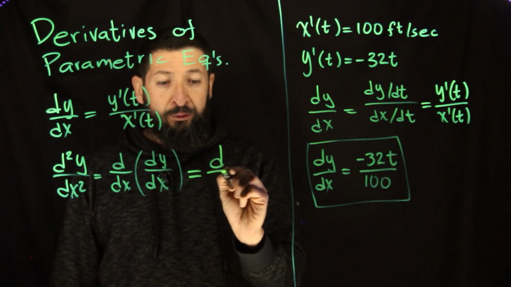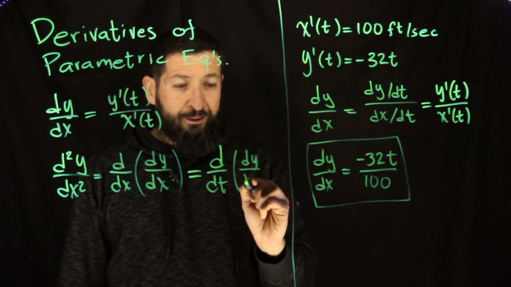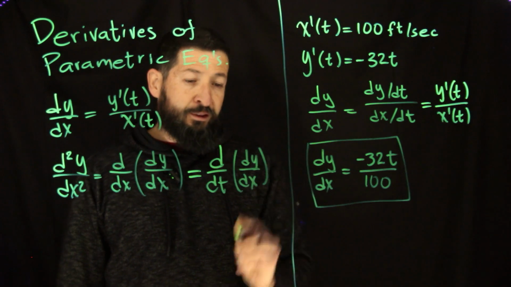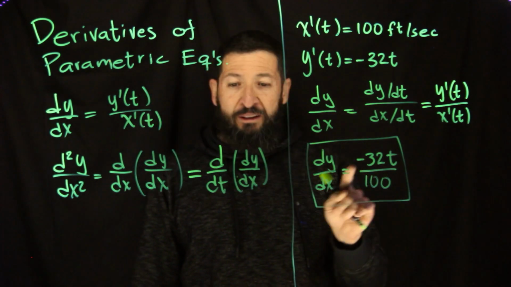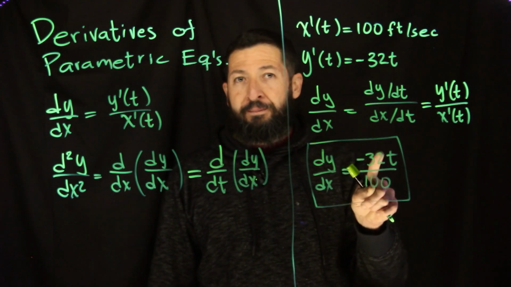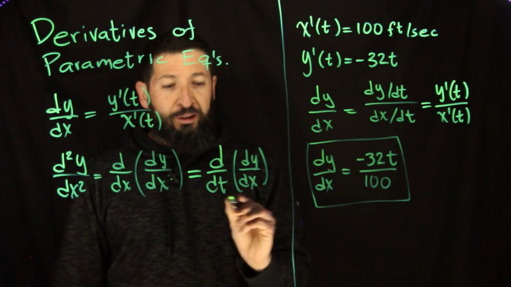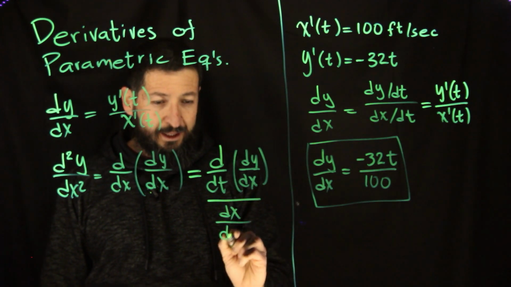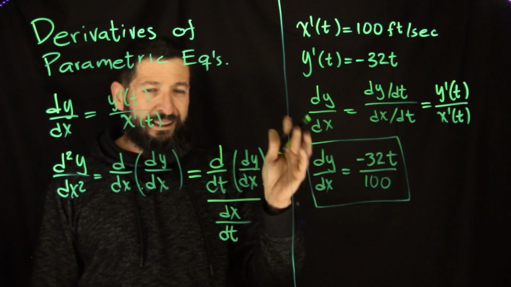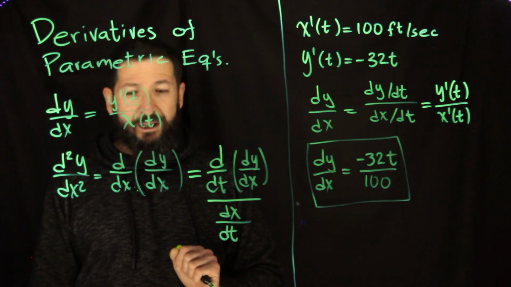So I take my derivative with respect to time of dy/dx, because that function right there is a function of t. So now I take the derivative with respect to t, and then I divide by dx/dt. Or it would be dt/dx, but I'm going to do the chain rule in the opposite order. So I'm going to end up dividing by dx/dt.